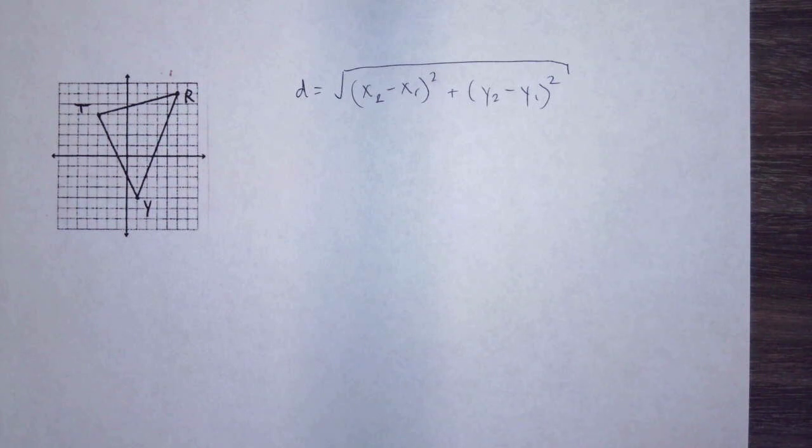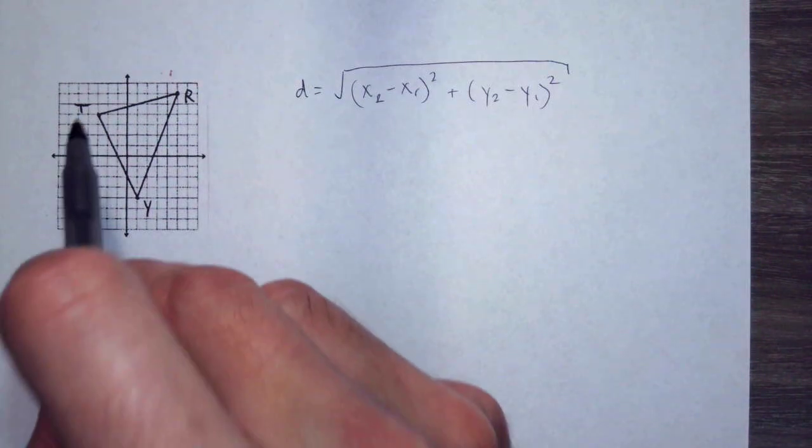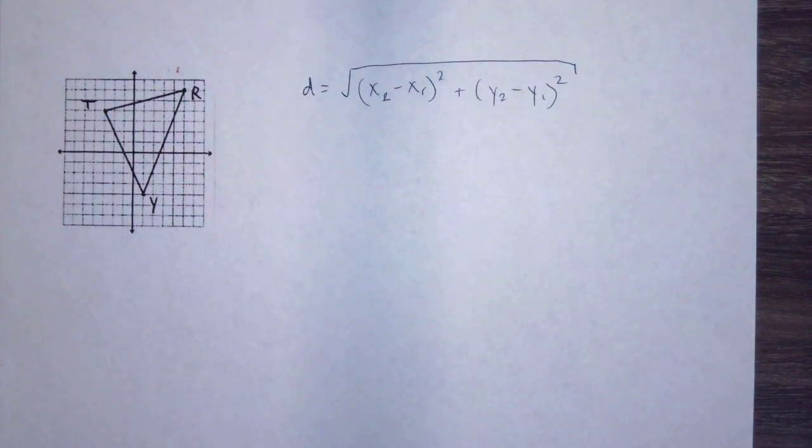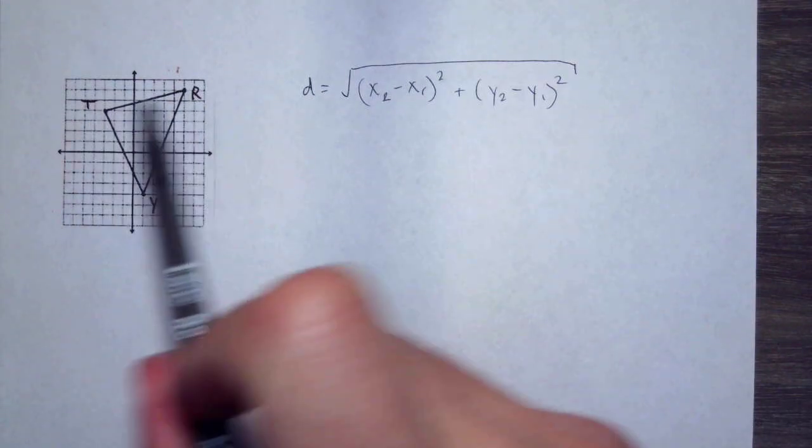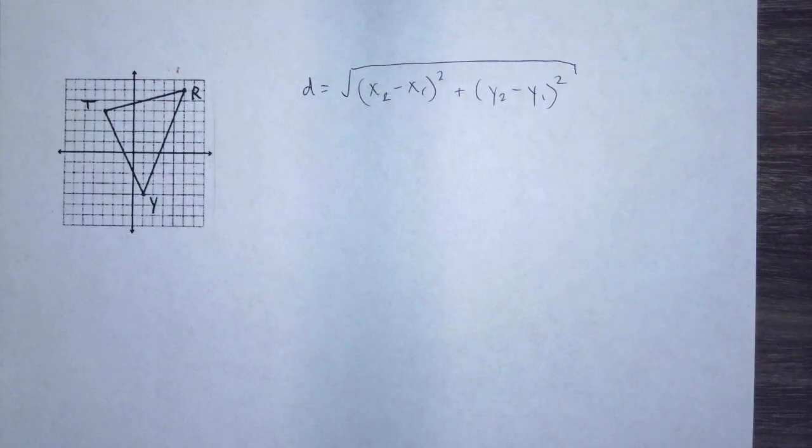So what we're going to be doing is writing down the ordered pair, the coordinates of each point, and then find the distance between each point and add them all together. So let me get out my calculator. It's going to take a lot longer to write it down than it is to just do on the calculator, but here we go.